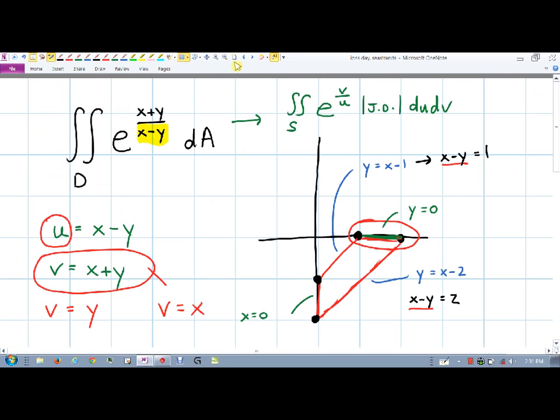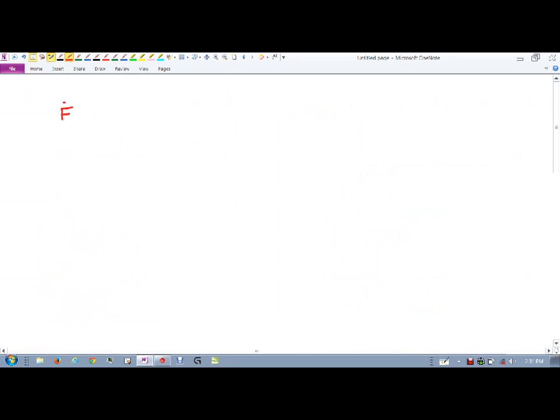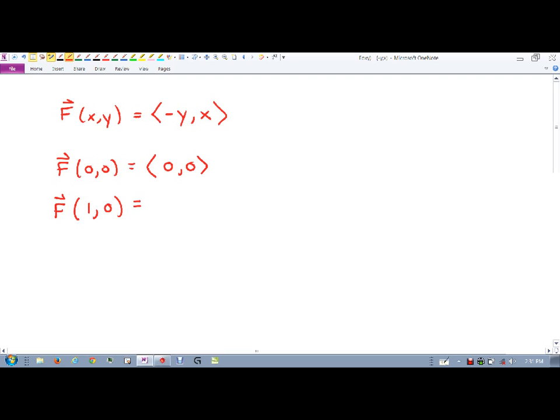So if I plug into this vector field, if I say, go to the origin, 0, 0, what does this vector field spit out at 0, 0? 0, 0, which is a vector. So at the origin, there is a vector associated to that point, and it is the 0 vector.